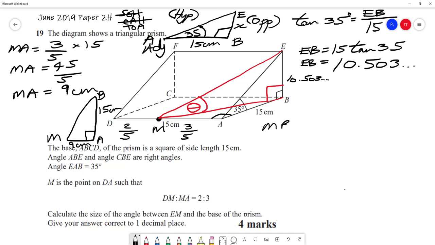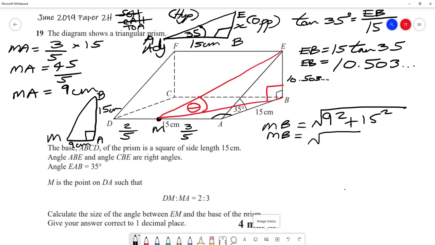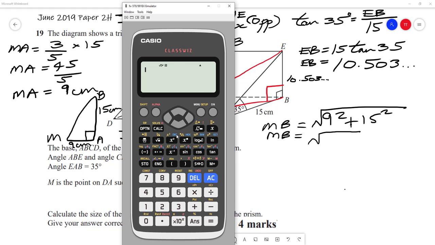So we can say that MB is the square root of 9 squared plus 15 squared. That will give me the square root of 306.